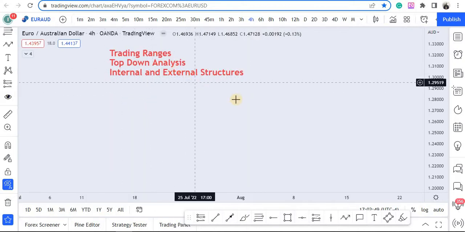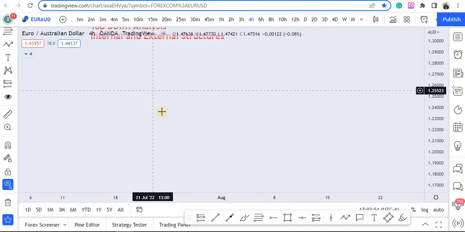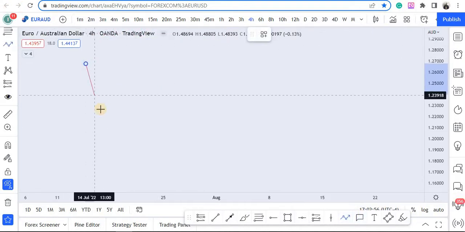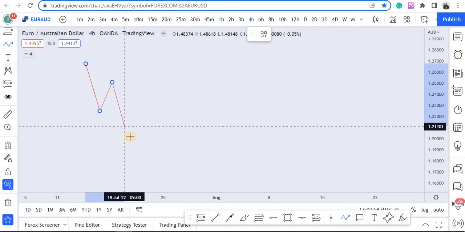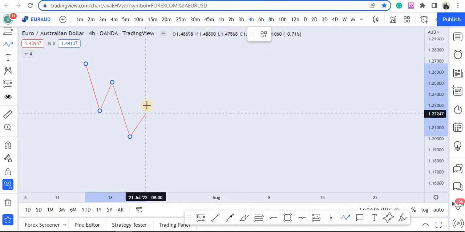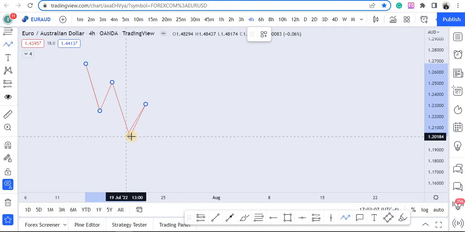So we have looked at internal and external structure. Now if you have a downtrend this way, you can only continue to have a downtrend once we break this low.